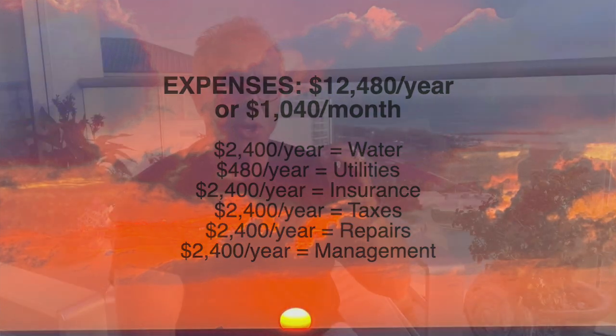Okay, so now we know our gross income at $9,000. We know our gross expenses at $1,040. So that's going to give us a net income before debt, which is actually our NOI, of $7,960.